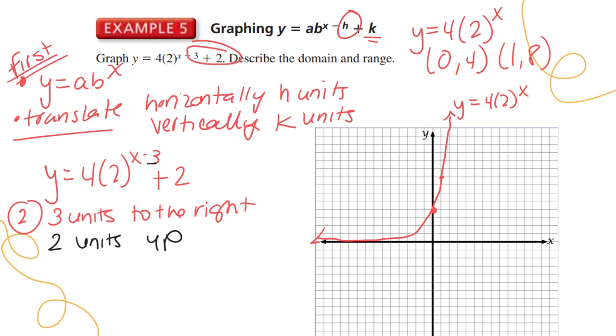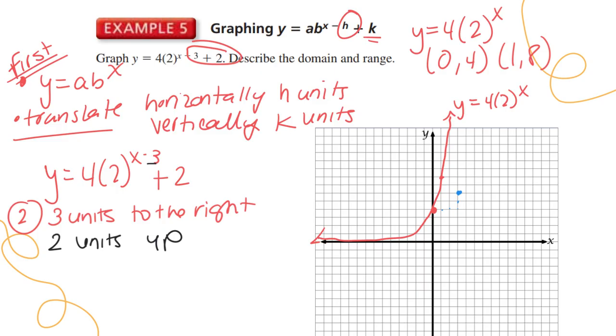Now we're going to graph our new line. Let me use the blue. So we know we're going 3 units to the right. So we're going to go from 0, 4, 1, 2, 3 units and 2 up, 1, 2. So that is going to be our new point. Everything is going to be 3 units to the right and 2 units up.